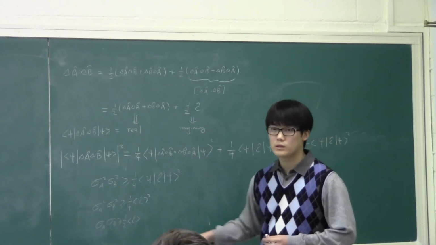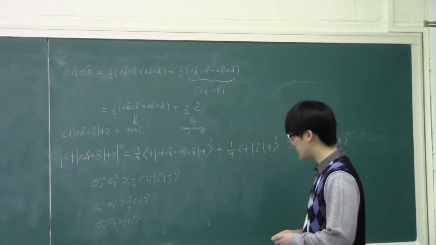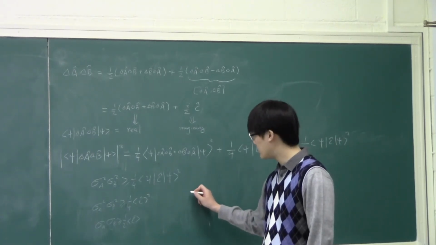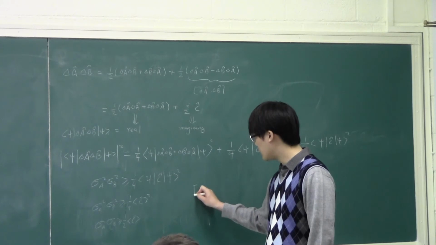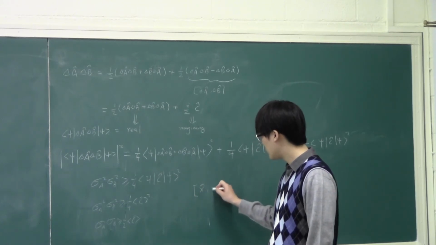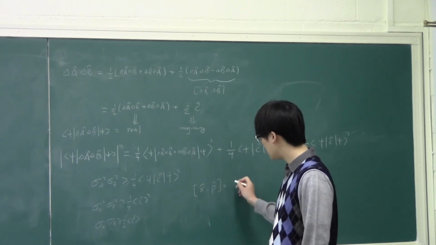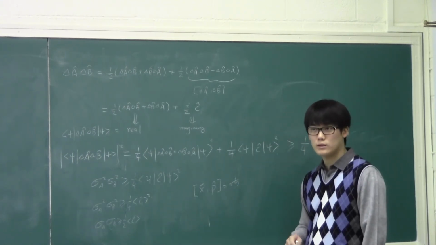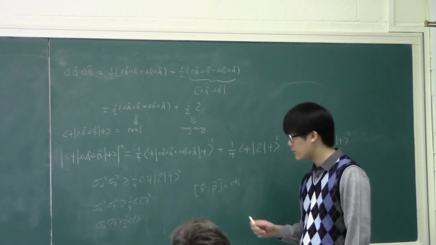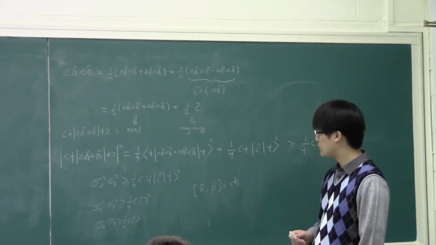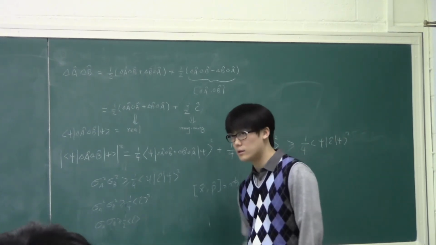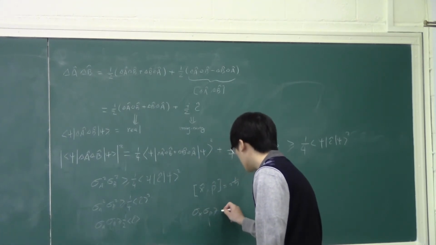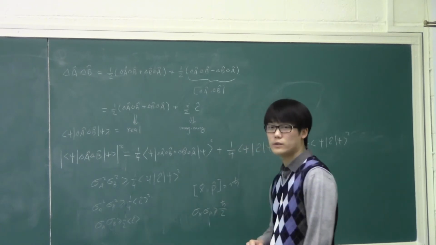To give you an example, if we had the operators x and p, and we know that their commutator relation is [x,p] equals i h bar. Everybody should remember this. Now if I plug this in, that would mean that sigma x, sigma p is greater than or equal to 1/2 h bar.